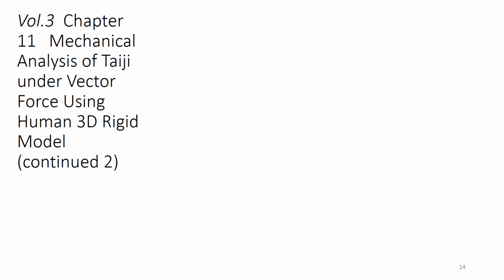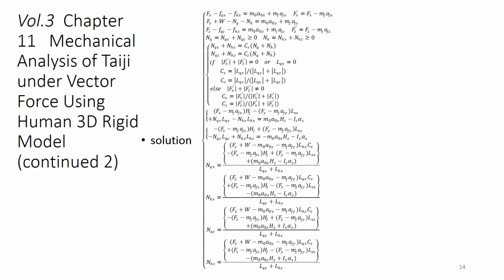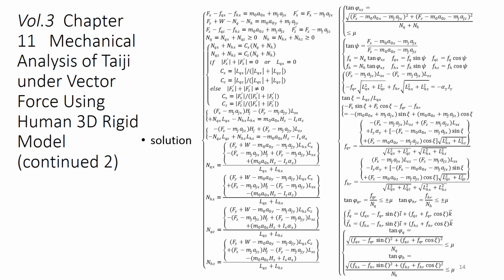Chapter 11. Mechanical analysis of Taiji under vector force using human 3D rigid model. Continued 2. Solution. Normal forces for both feet.